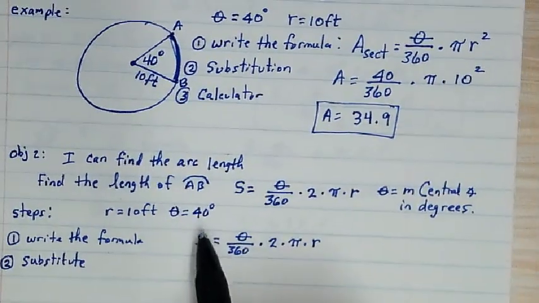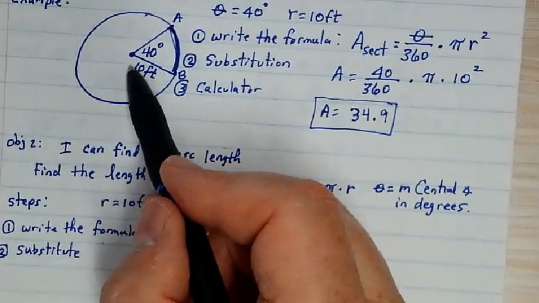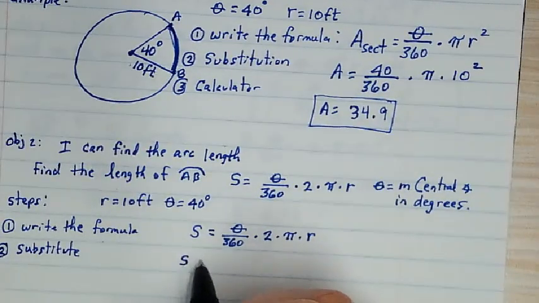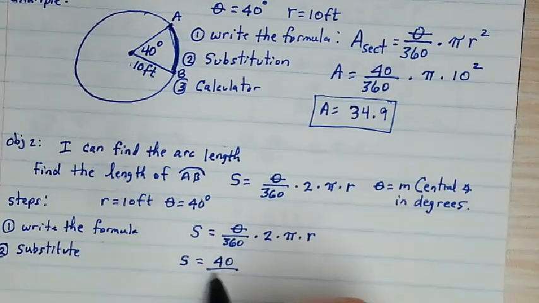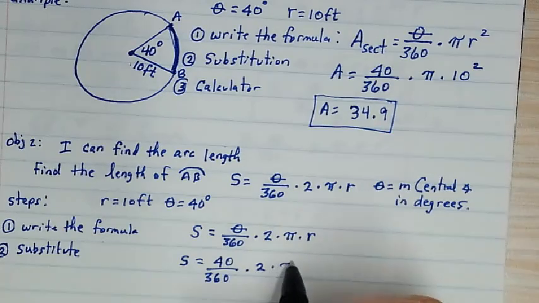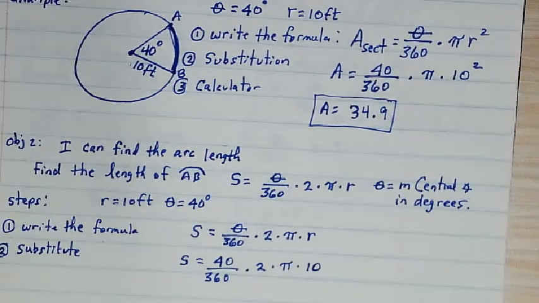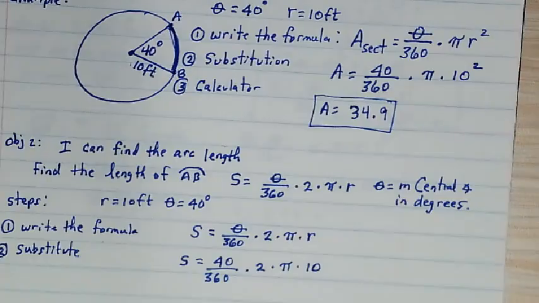Right there. So I substitute properly. It goes arc length equals 40 over 360 times 2 times pi times the radius, which of course is 10. Now please don't do any arithmetic. This is all calculator work.